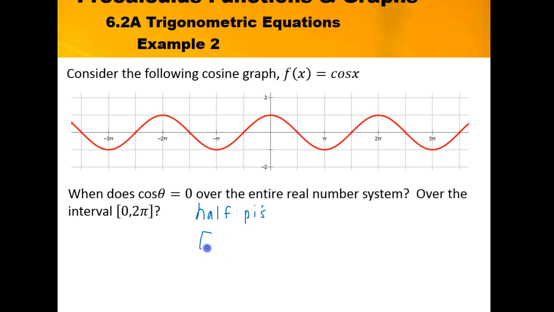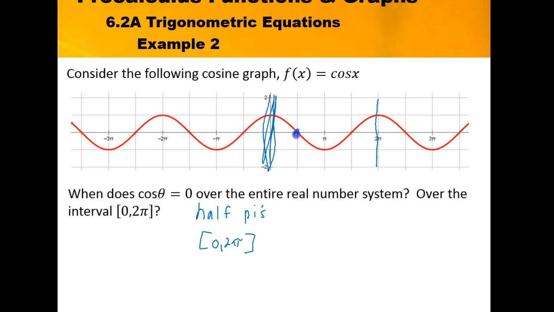And then for the interval 0 to 2 pi, and remember 0 to 2 pi is from here, this is 0 to 2 pi, so right here, and it does include 0 and 2 pi.